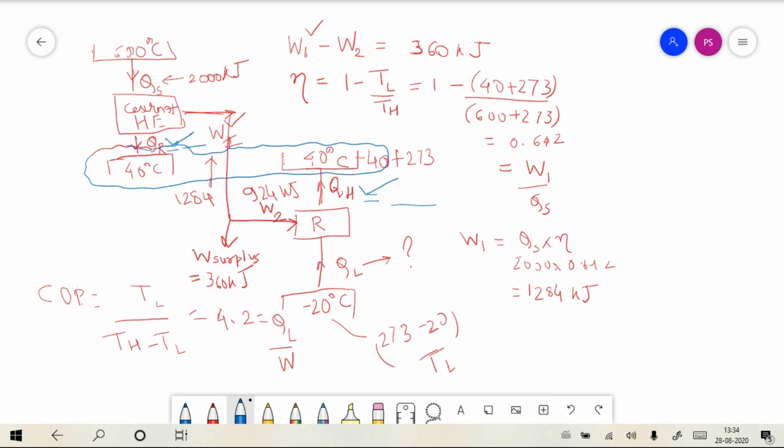You are supposed to find the value of QR, the value of QH, and hence the total Q. Anybody is answering this?